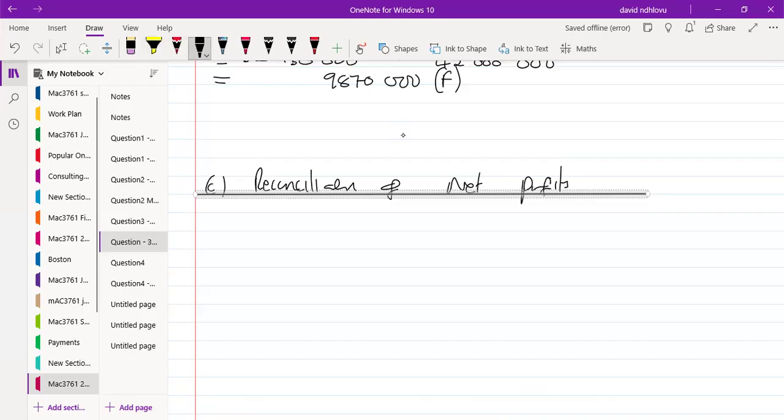So if we know what makes up the differences between two figures, we can work out those differences and adjust them on one profit figure to arrive at the other profit figure.